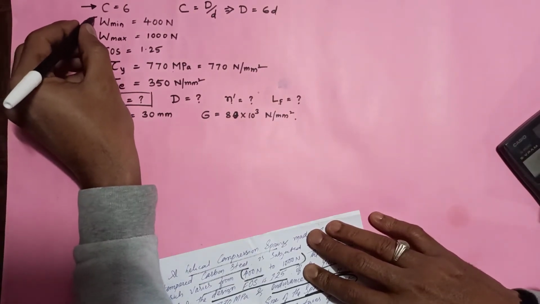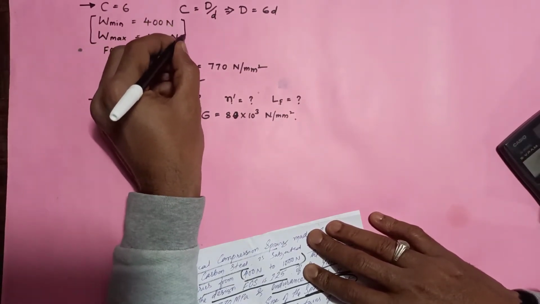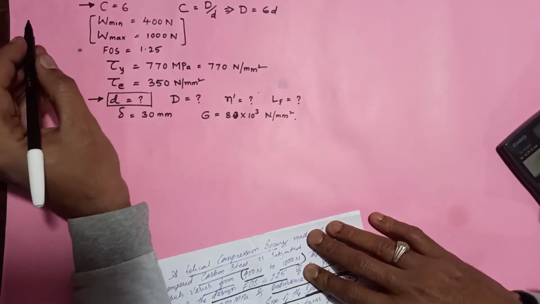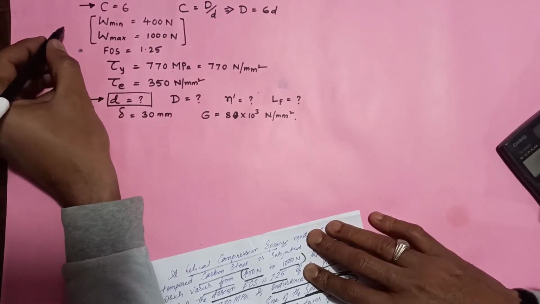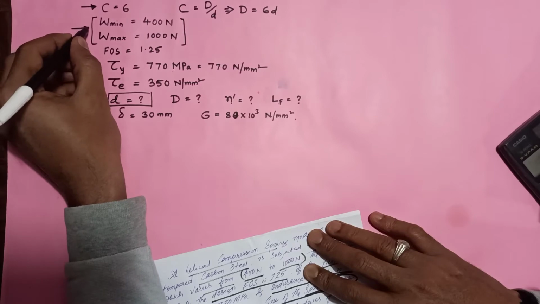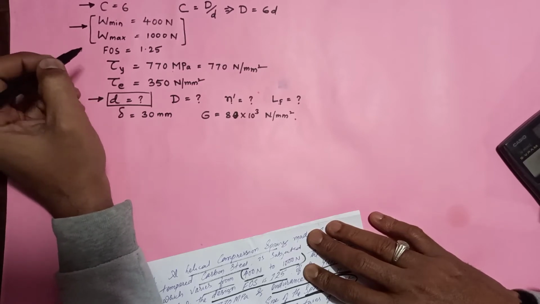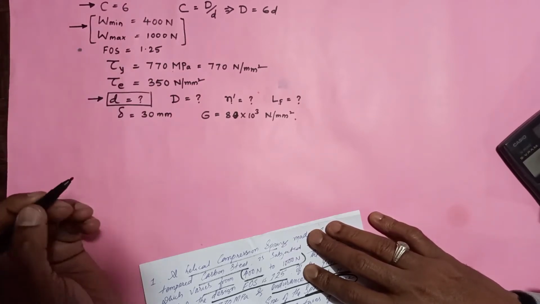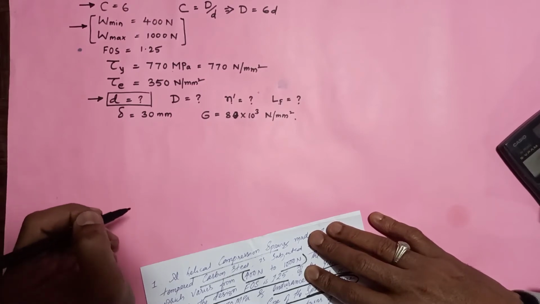Again, here two loads are given, one maximum and another minimum. When the load varies from minimum to maximum, you need to go with the Soderberg equation.